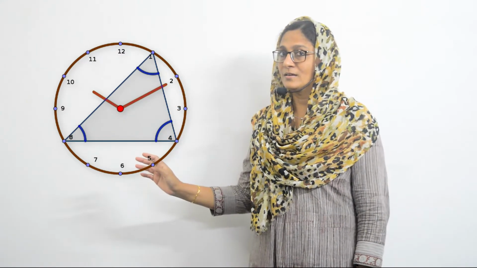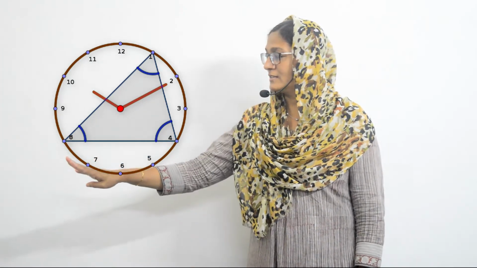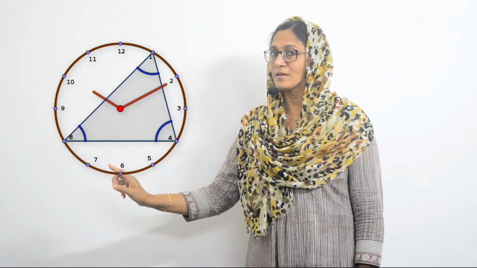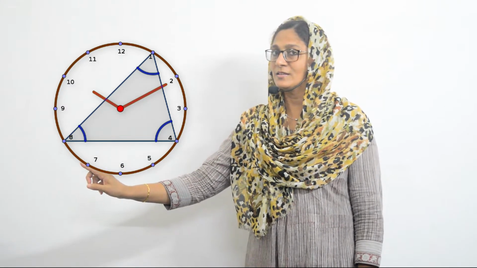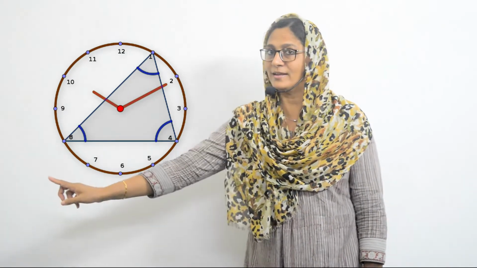Now consider the number 4 and the number 8. How much are they apart? 4, 5, 6, 7, 8. 4 to 5, 30 degrees, 5 to 6, 30 degrees, 6 to 7, 30 degrees, and 7 to 8, 30 degrees. Totally 4 and 8 are 120 degrees apart.